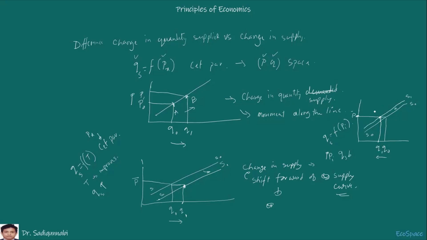So supply 1 shifts back. So when PI increases, QS decreases, the supply curve shifts back. Okay.